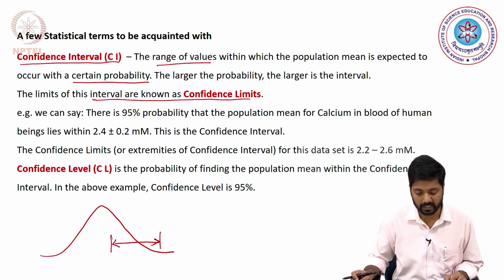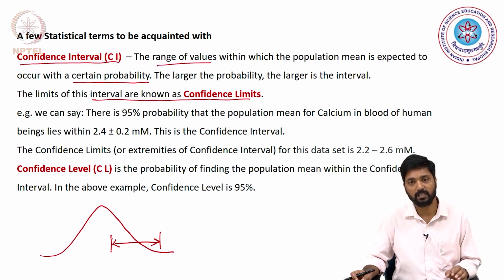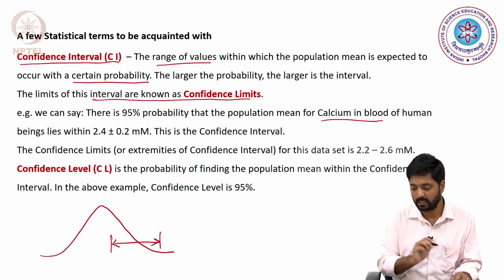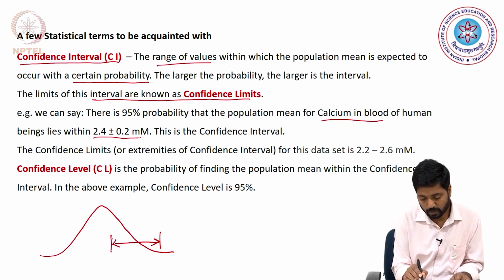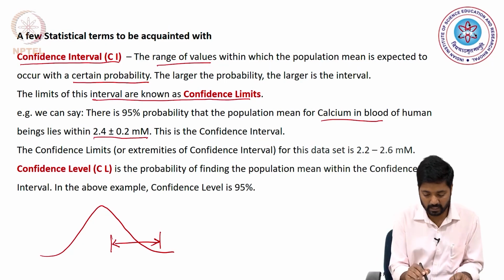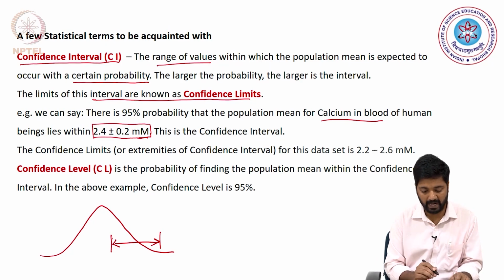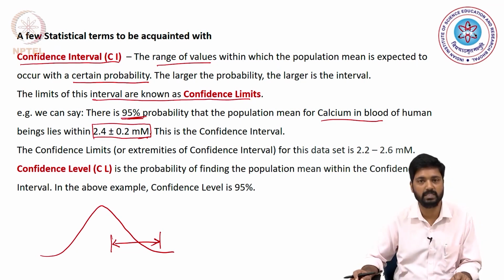To exemplify, let us say that there is 95% probability that the population mean for, say, calcium in our blood lies in the range of 2.4 plus minus 0.2 millimolar. Now, this is the confidence interval, and the confidence level here is 95%.